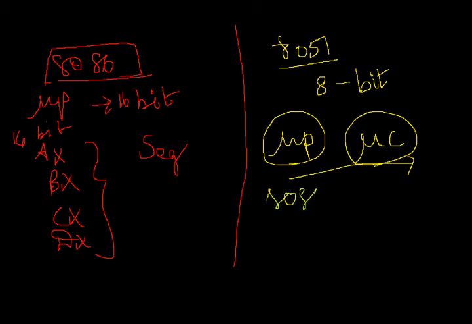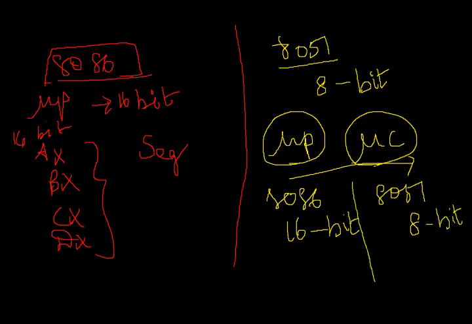And the second difference is when we compare 8086 with 8051. Here, 16-bit operations are performed, but in 8051 you have 8-bit operations only, but it is found to be very efficient. 8051 is more efficient than 8086, which we'll be discussing in the forthcoming slides.